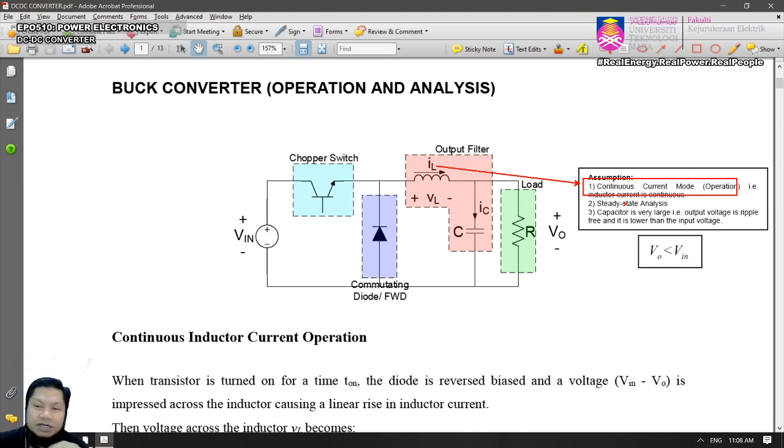And for the buck converter, of course, V out will always be lower than V in. We must have that in mind before we can describe the circuit.